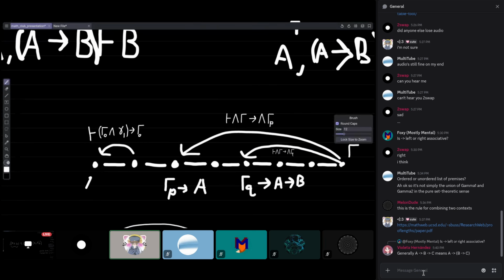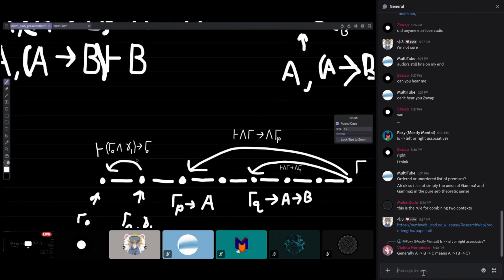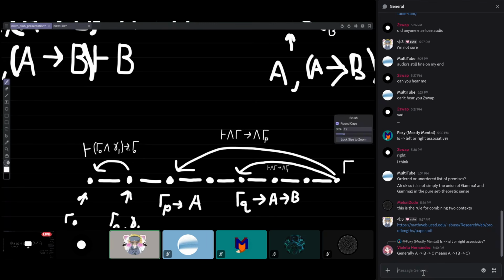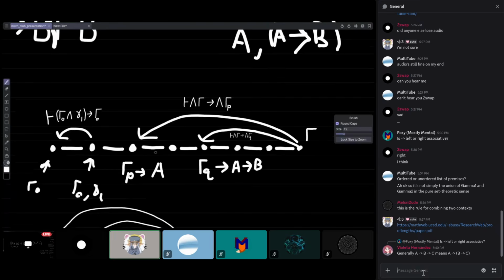So let's say that this guy here is gamma 0, and this guy here is gamma 0 comma gamma 1, right? So if we ever need a transport lemma for this node here, it's going to look like this. It's going to be of the form: from gamma 0 and gamma 1, we can get gamma 0. Right? And this is just a tautology, so we can prove the single step pretty easily.